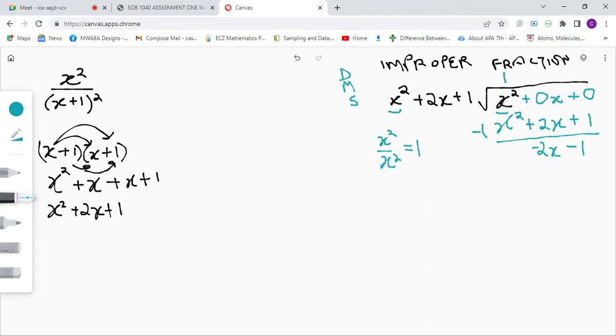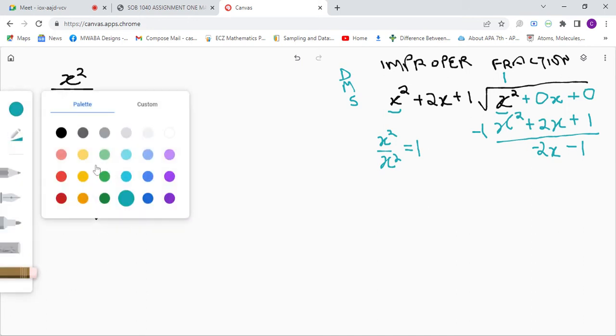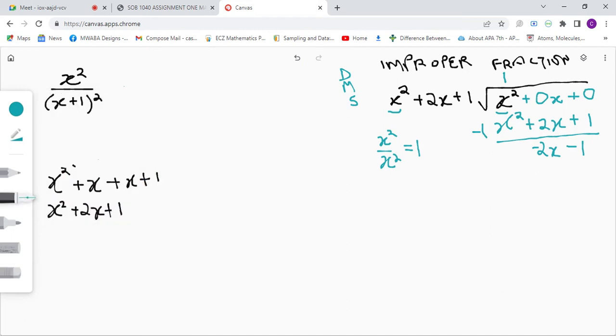Now we're going to express what we found on this side. Let me make some space here and erase this. First we put the identity symbol here.